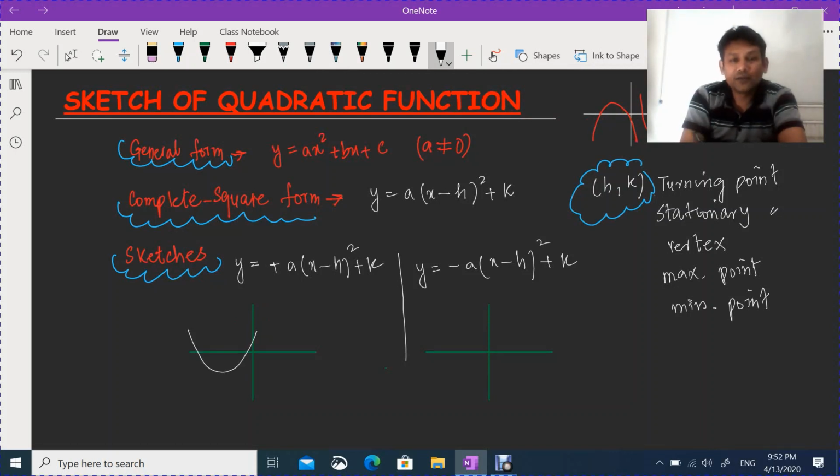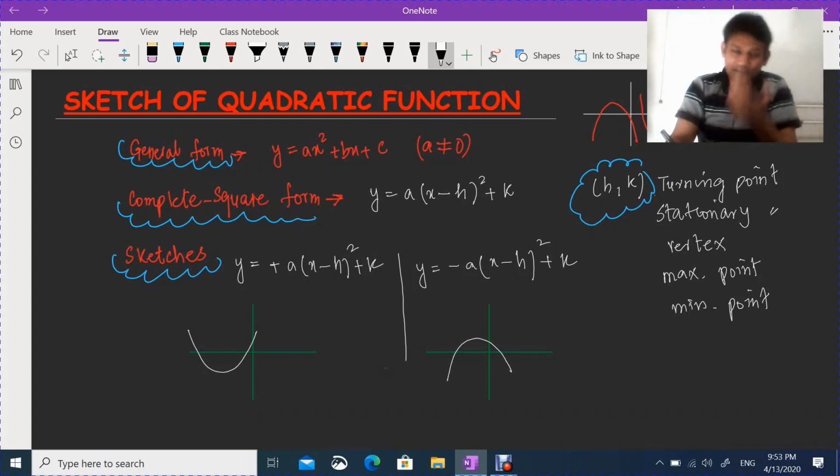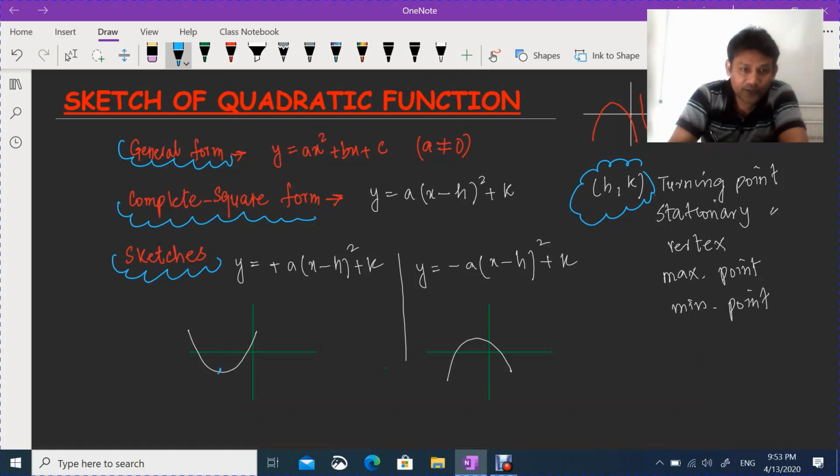When a is negative, you will have a sad face. So don't be negative, to avoid having a sad face. There are two possibilities. This point here is called the turning point (h, k), and here also (h, k).